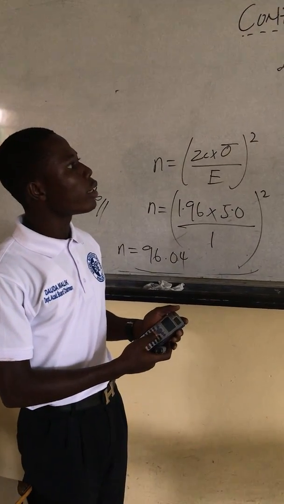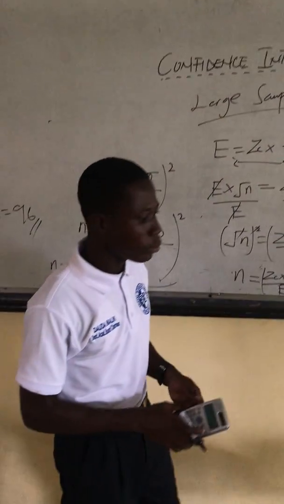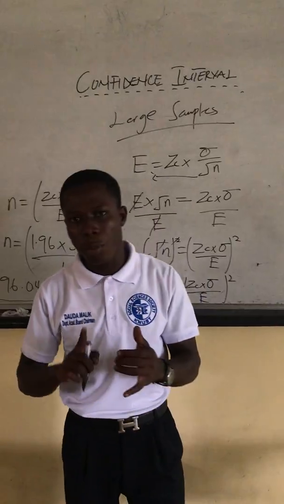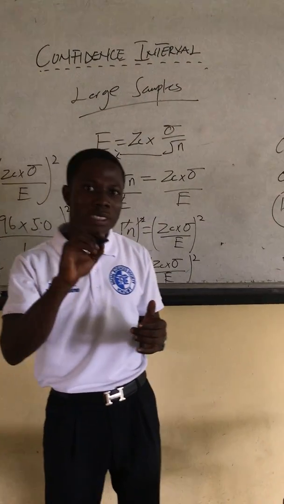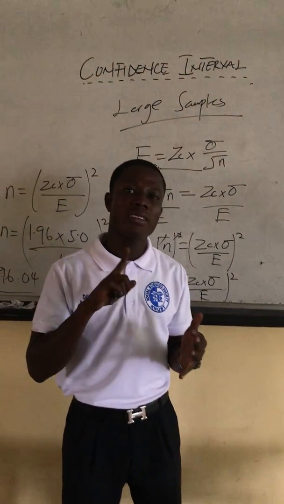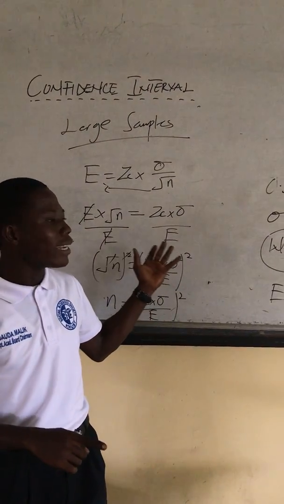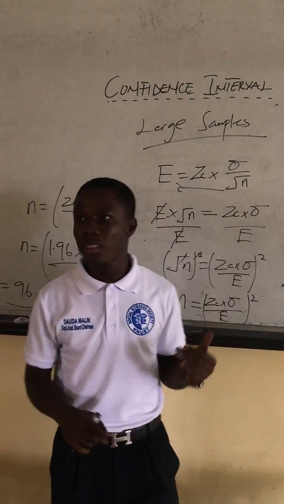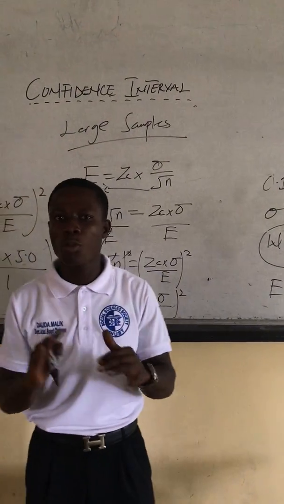So that's all for confidence interval. We solved for large samples, and for the large samples, we use the Z. We solve for the critical values. Then a situation whereby the sample size is not given in the question, that's what we just solved. And also we moved on to the small samples.